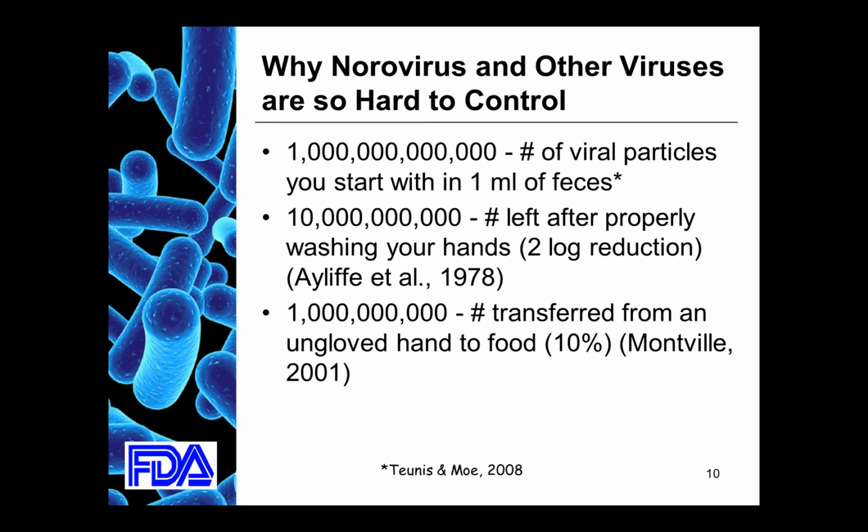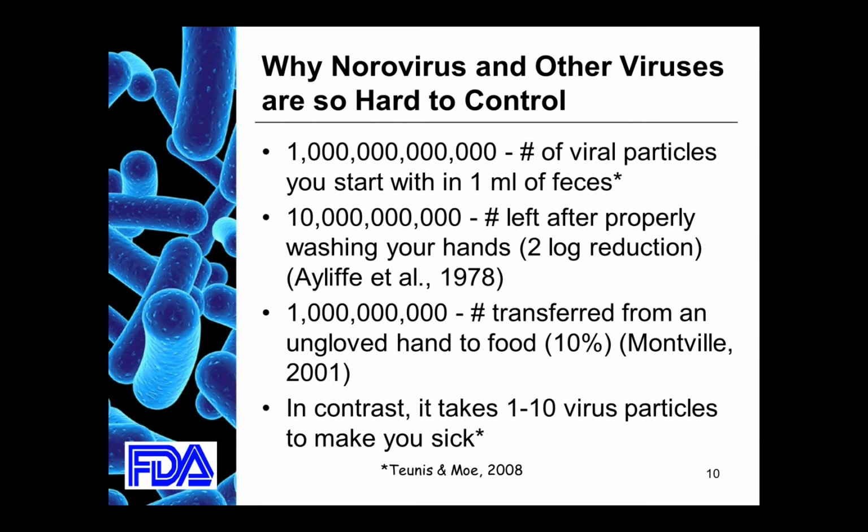We know from studies that up to 100 million organisms can be transferred from an ungloved hand to food, from studies that have been done. The problem is that it only takes 1 to 10 particles to make you sick. So if anyone wants to argue about the numbers up here or the amount, that's fine.